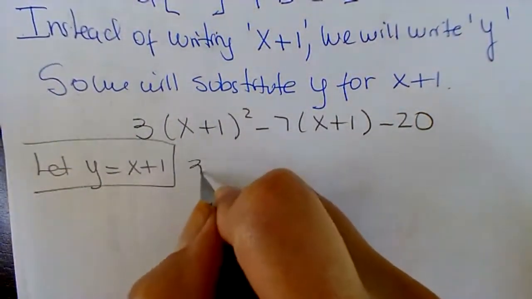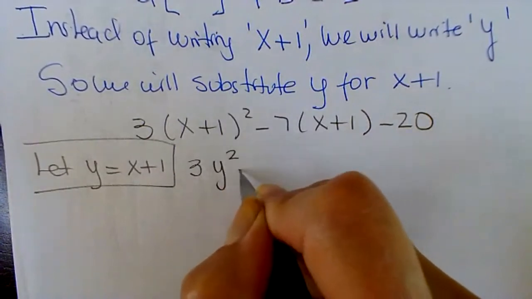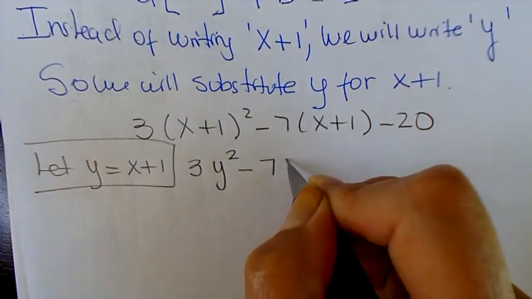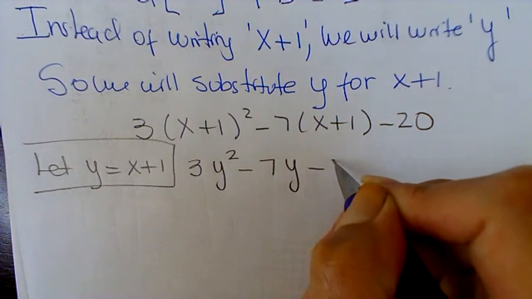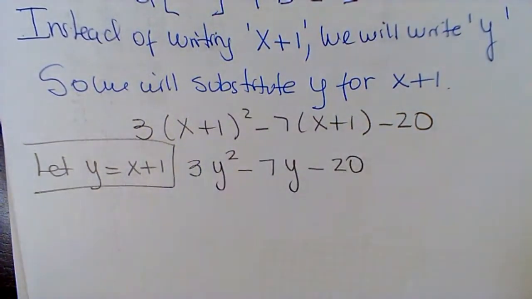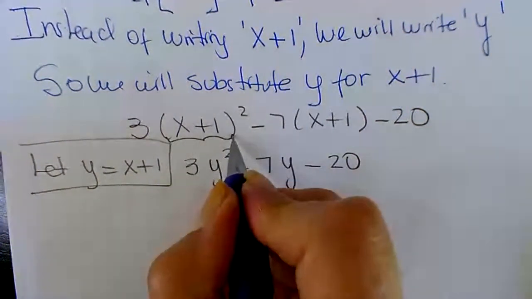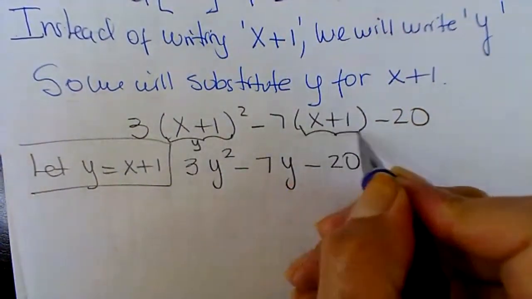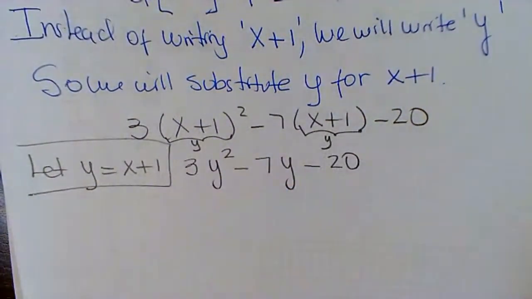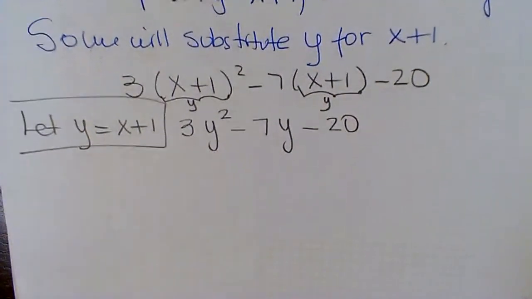So it's going to be 3y squared minus 7y minus 20. So we're going to substitute this for y. All right? Now, let's solve it.